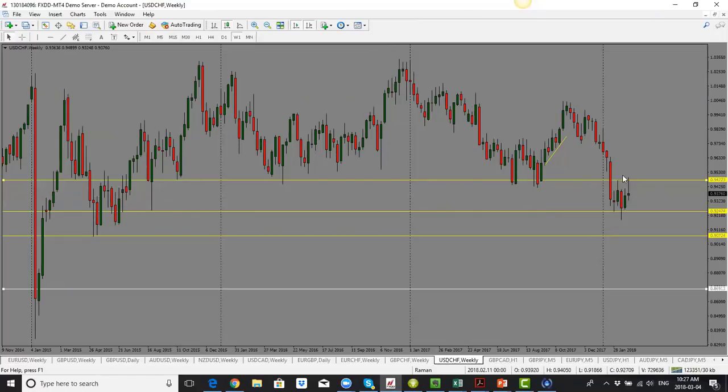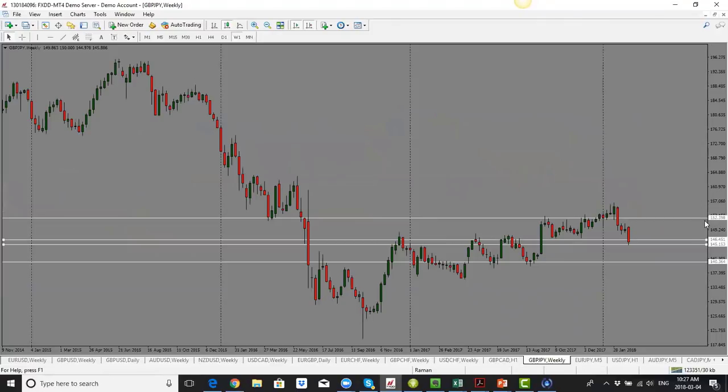So our support has now turned into resistance here. So this is a pin bar. I'm looking for price to drop, and my direction is bearish on this. And my target would be 0.9250 level, which is that pin, and then 91.90. So 9200 will be the second target to the downside. So basically, I'm looking for a further drop in this as well.